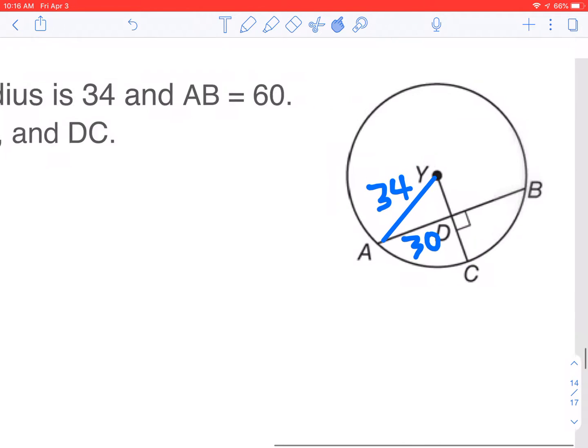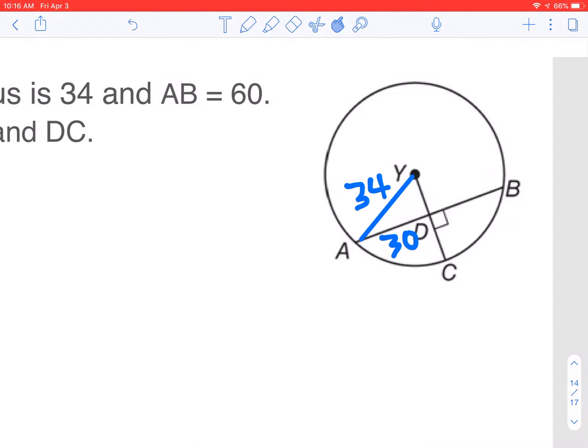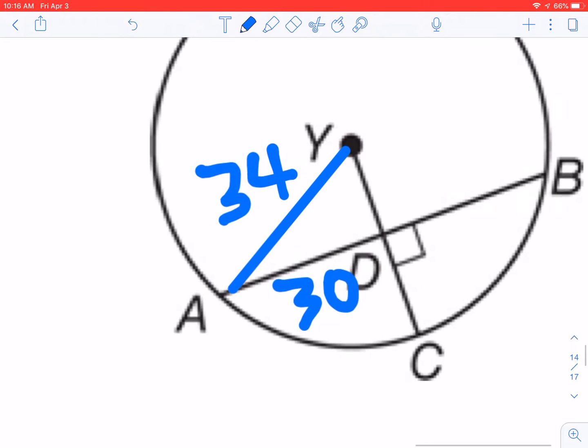And we need to find YD and DC. So our next step is to find YD. So what I have here now, I have a right triangle. We'll call this X. We're going to do Pythagorean theorem. And actually, this is a Pythagorean triple.